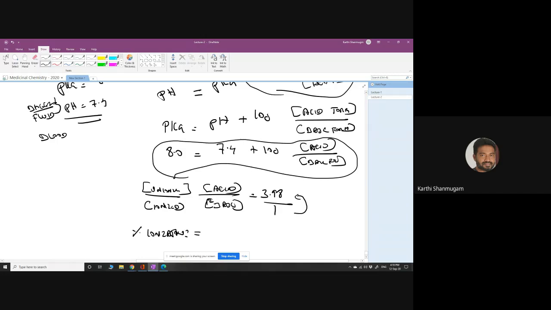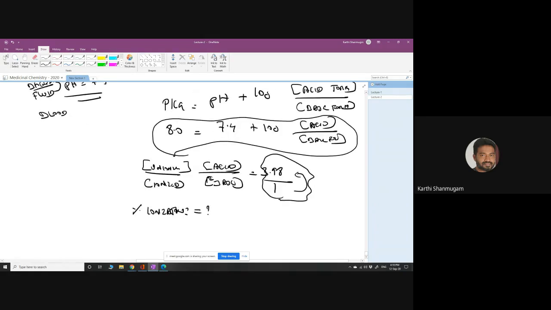So far our understanding is that for every one molecule in its ionized form, 3.98 molecules will be in its unionized form. How to calculate this into percentage ionization?